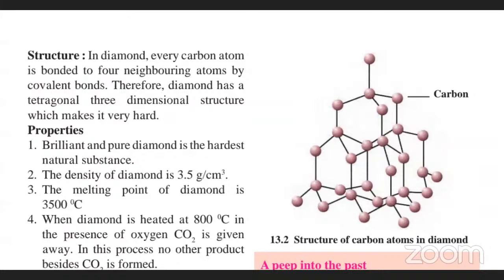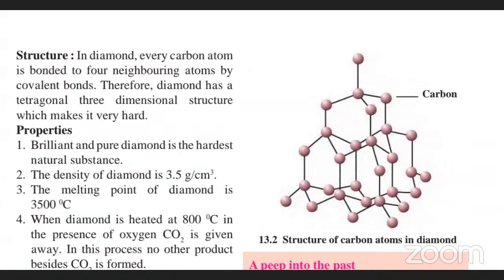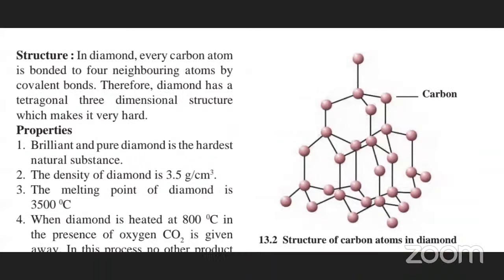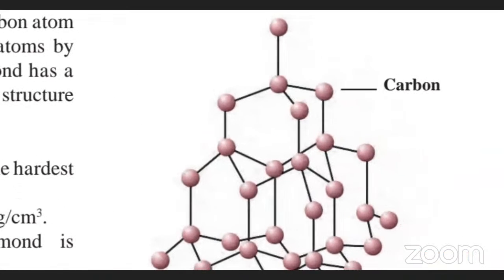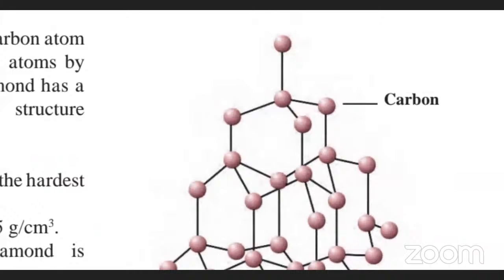See this diamond. Just now I have told you the structure of diamond, right? I explained how carbon is connected to four other carbons. I will show you again with the help of this diagram. This is the structure of diamond.